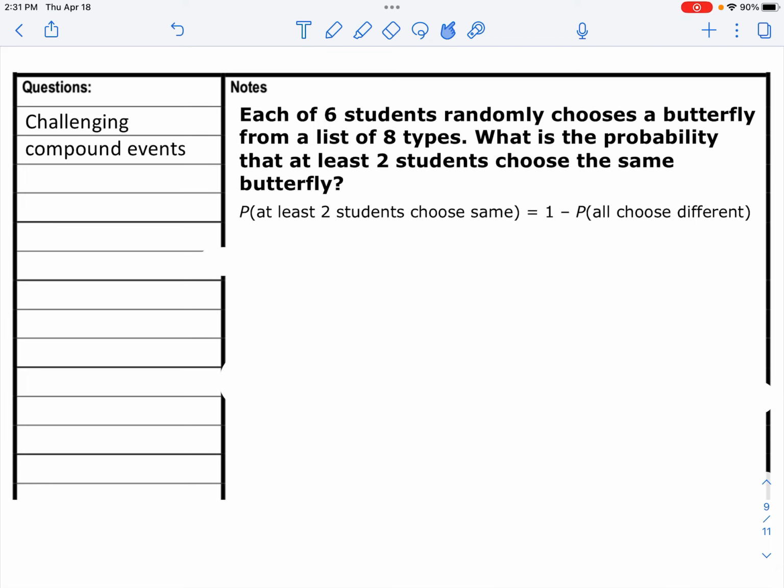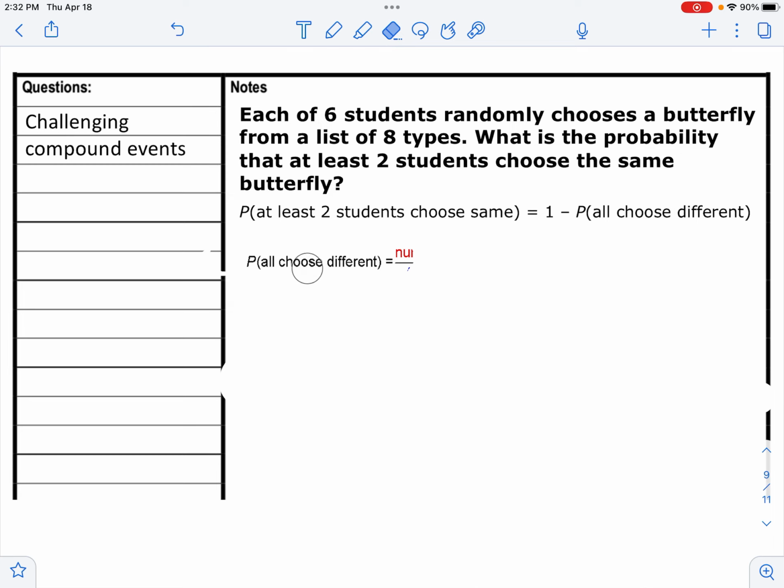Okay, so this one, it might be easiest to work backwards. So the probability at least 2 students choose the same one is probably easier to say, well, what's the probability that they all choose a different one first? And then take it away from 1 or 100%, right? So let's figure that part out first.